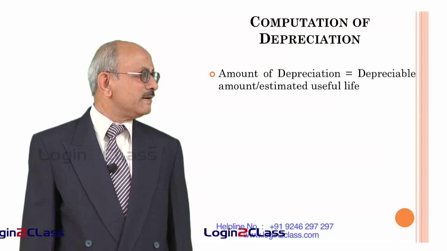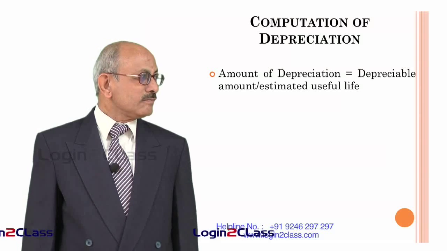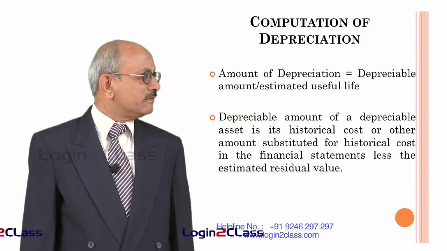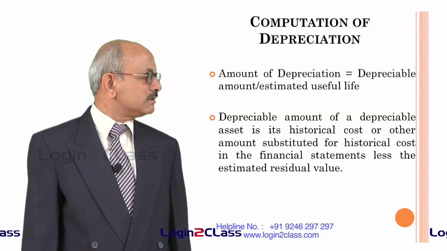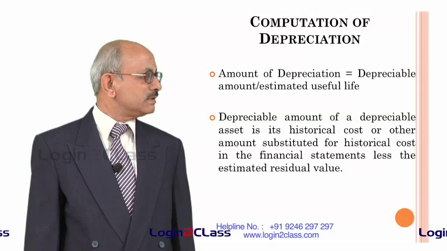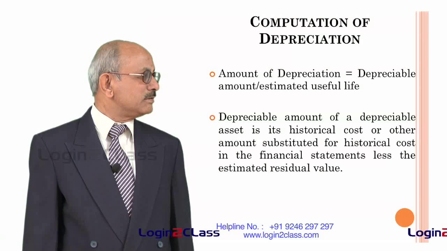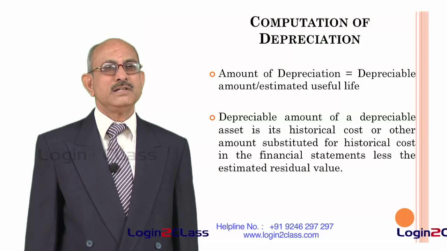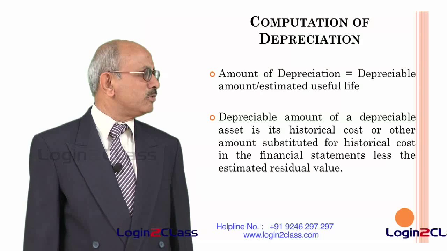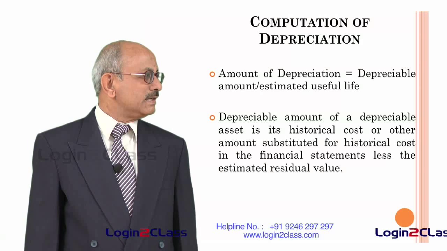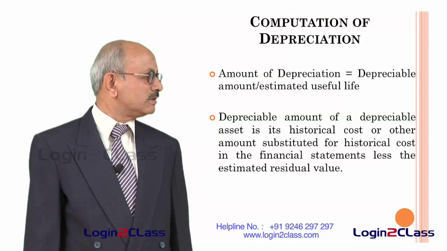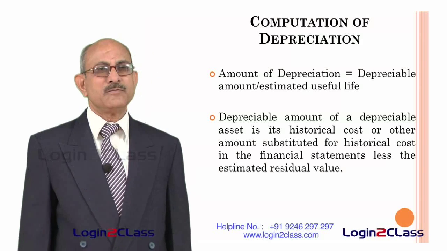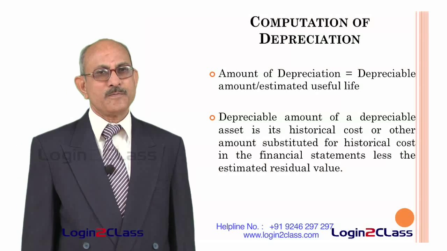That is also defined as the amount of a depreciable asset, its historical cost or other amount substituted for historical cost in the financial statement, less the estimated residual value. In simple terms, depreciable amount means it is the historical cost of the asset minus the residual scrap value or the estimated residual value.